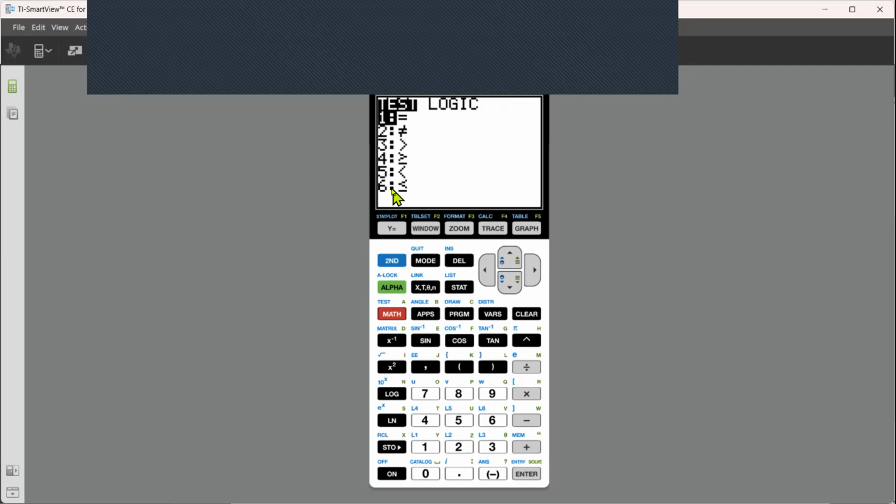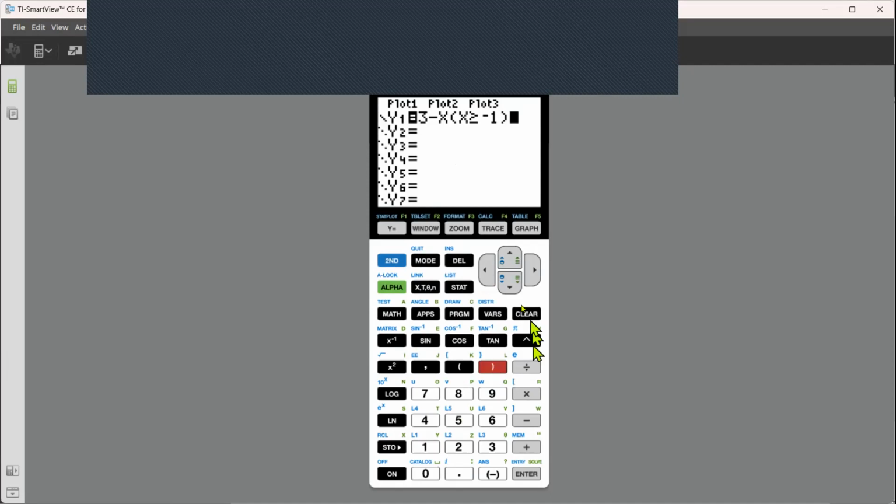See that? There's all your symbols right there. That is so cool. Now I'm going to use greater than or equal to, which is number 4. I'm going to hit number 4 right here, and I want it to be -1. Be sure to use the toggle minus down here and close your parenthesis.